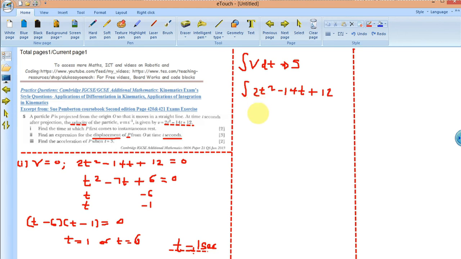I hope you guys know how to integrate. You just add 1 to the power. So that would be 2 raised to power 3 over 3, so 2t cubed over 3, then minus 14t squared divided by the power, over 2, then plus 12t.